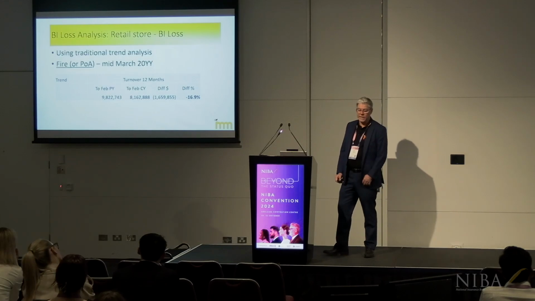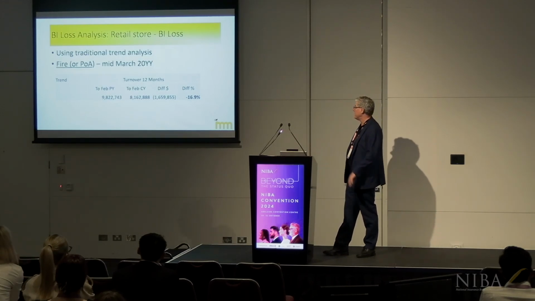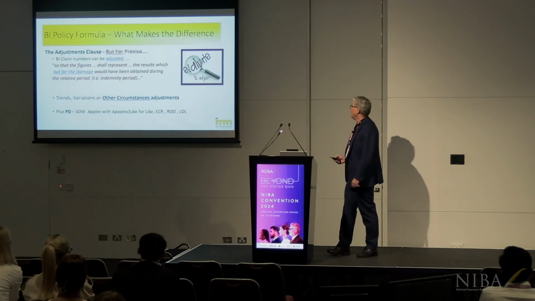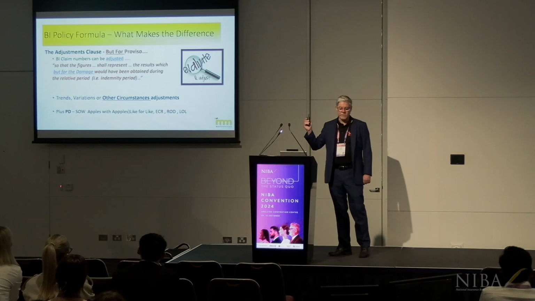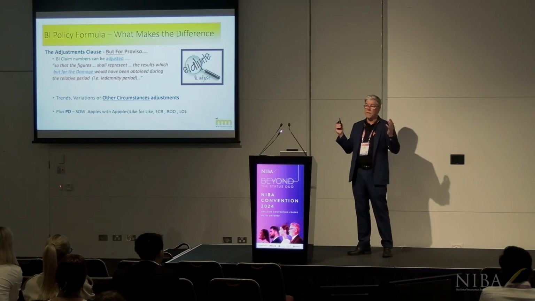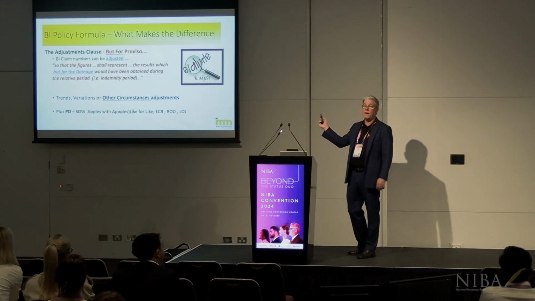Straight up, using the old method of just comparing last year to this year, the client was down almost 16, 17%. Because of the adjustments clause that we talked about before, the client is able, with their broker and a claims preparer, to come up with what would have happened but for the loss.